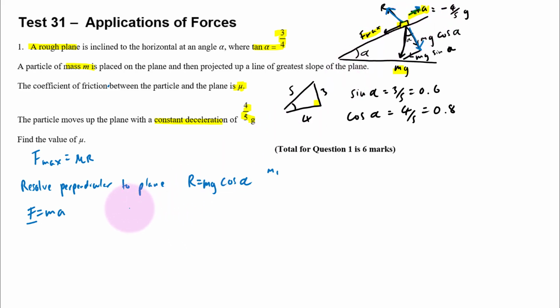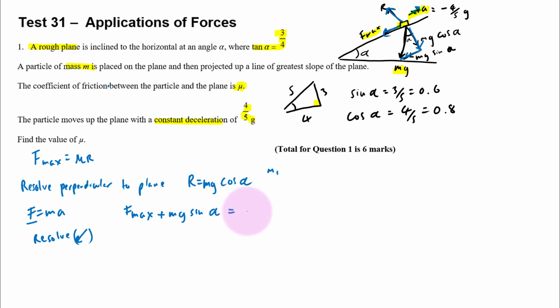We've got F max, which is going the same way as mg sine alpha, so plus mg sine alpha. Now it depends which way we're resolving, so if we're resolving downwards as your positive direction, then that will be F max plus mg sine alpha will equal the mass times the acceleration.